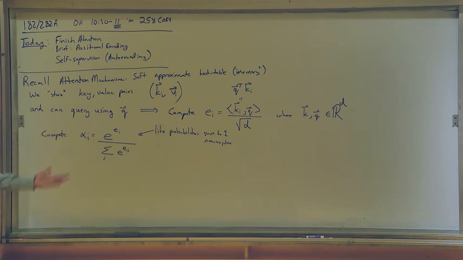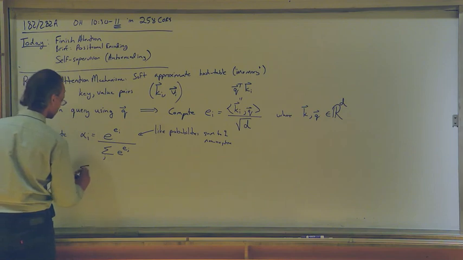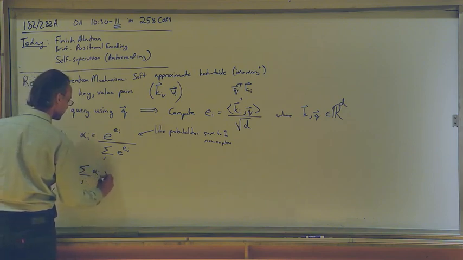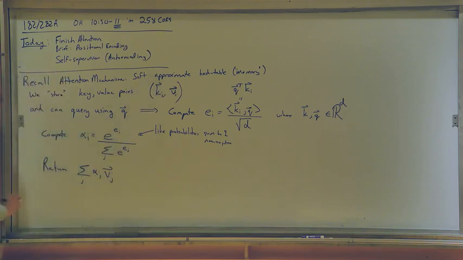Having computed these weights, alpha i, then we return the sum over j, alpha j, and then the corresponding values. Okay, so this is what it does. So important thing, there's no learnable parameters here.